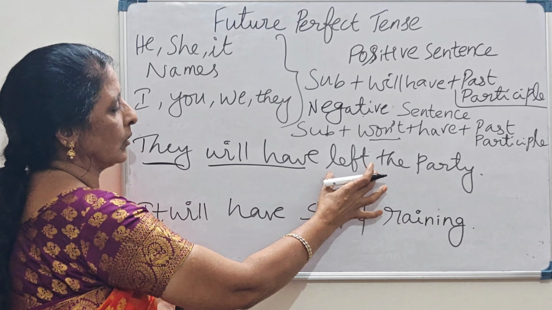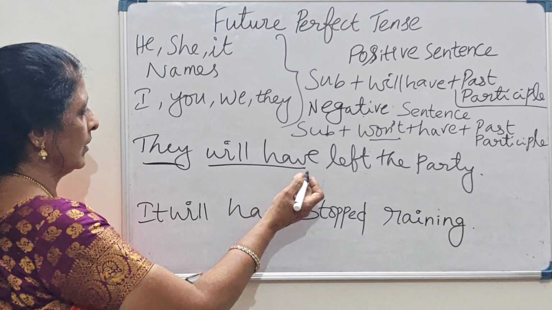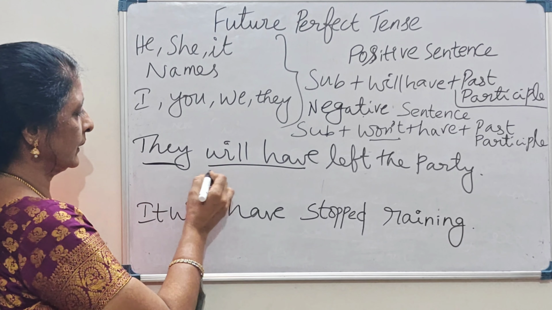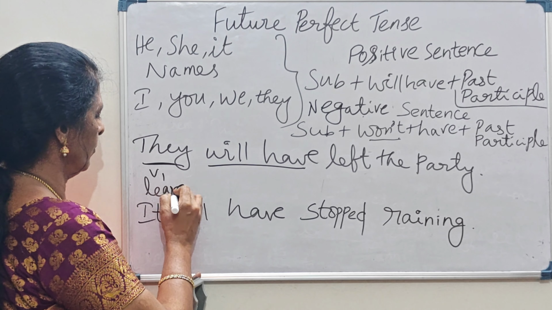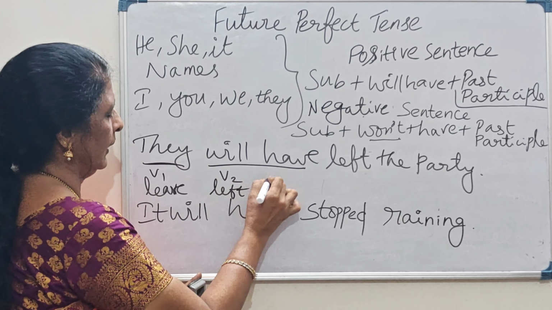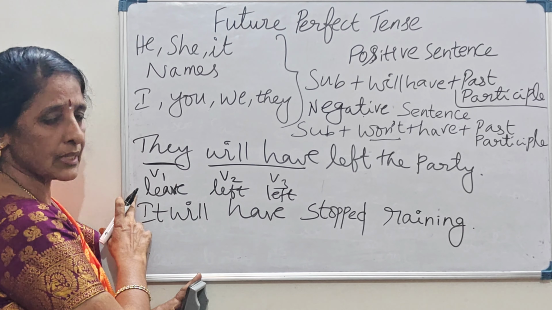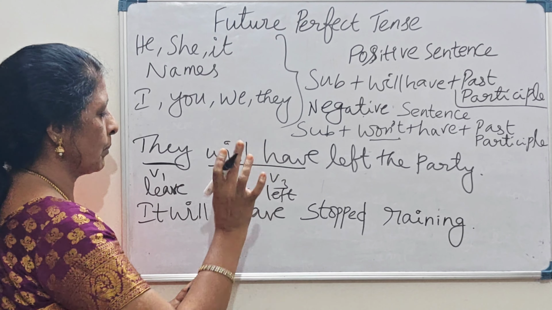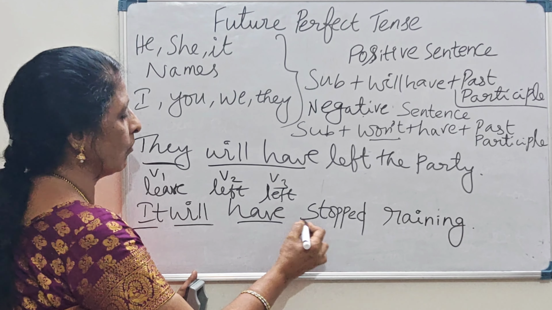Perfect tense means you have to know the past participle for a perfect sentence. Now see here, V1 is leave, L-E-A-V-E, V2 is left, V3 is also left. This is present tense, past tense, past participle. Here it will have stopped.